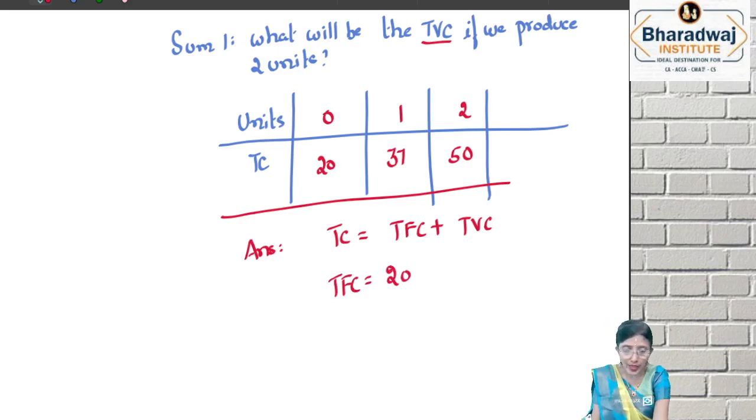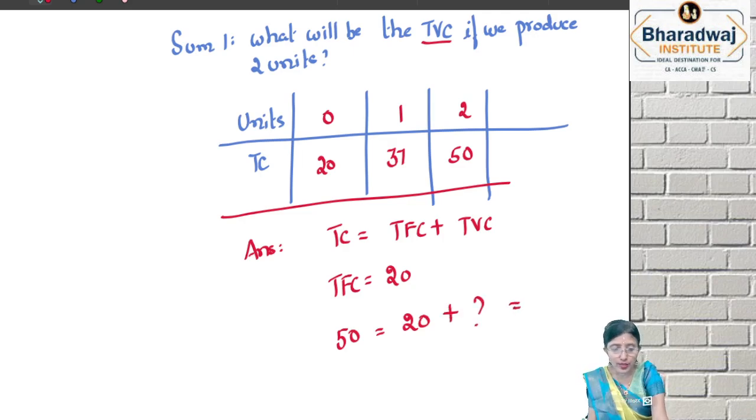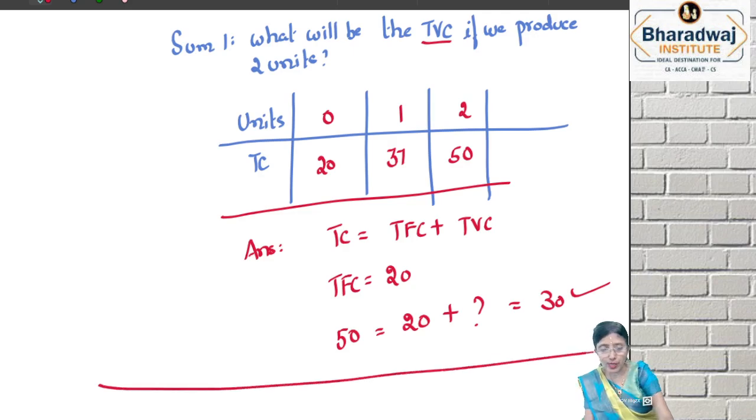And for the second unit, I find that the total cost is 50. So I know that total cost is 50. I understand that my TFC is 20. So my TVC is 30. This is one type of question. You interchange the formula and do it. Okay, that is one.